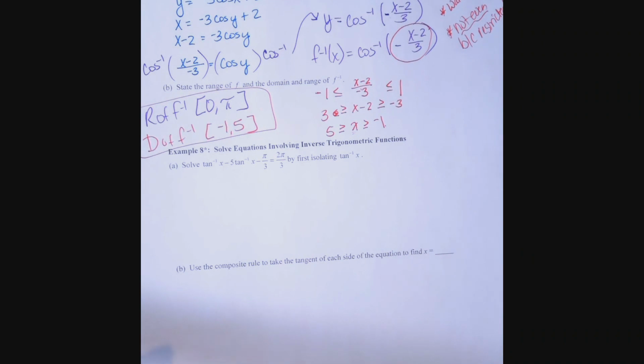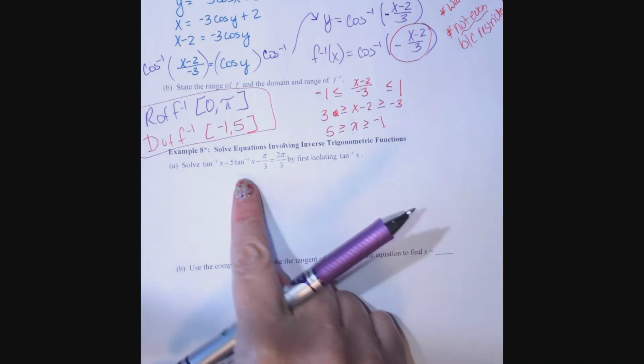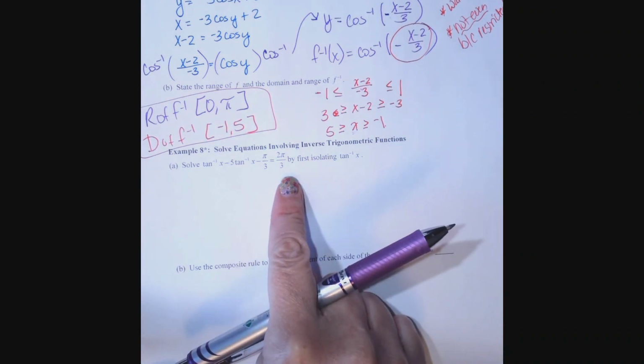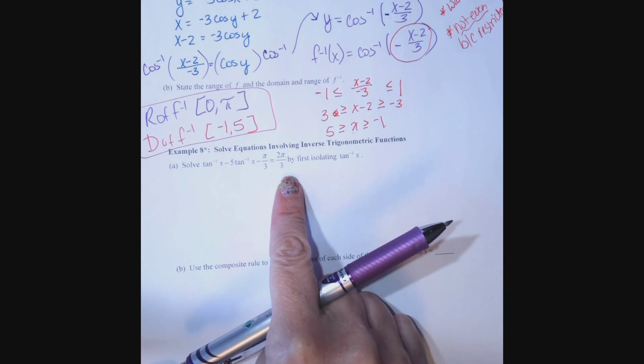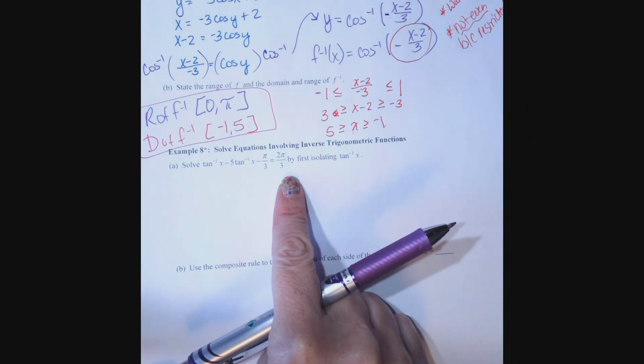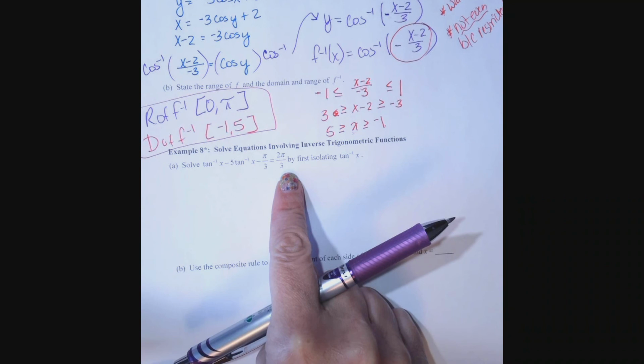Solve for tangent inverse of x for this given equation. So we need to first isolate tangent inverse of x. So what am I going to do here? Well, first thing, I'm going to add this pi thirds to the other side.